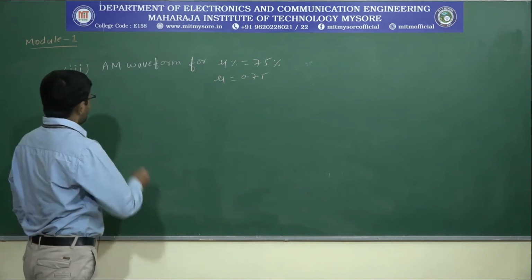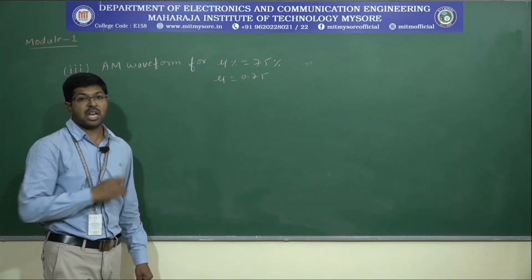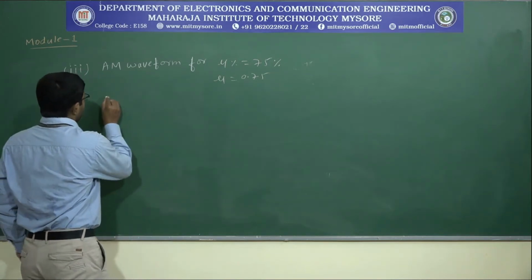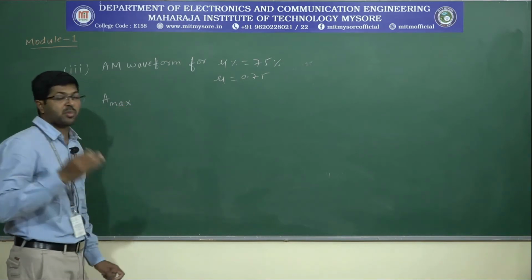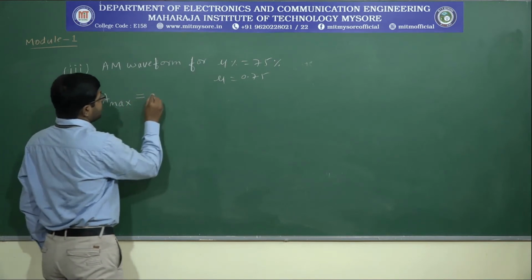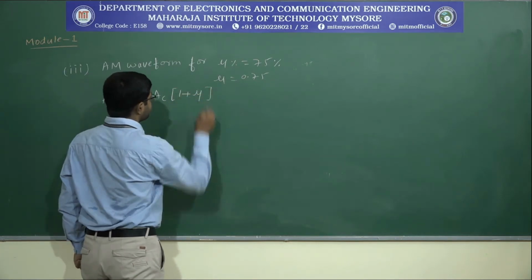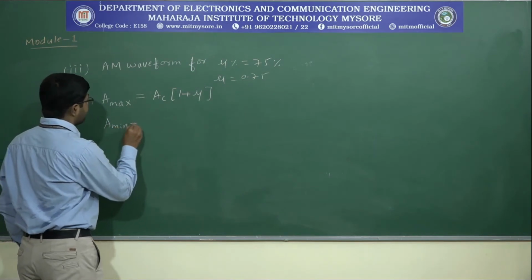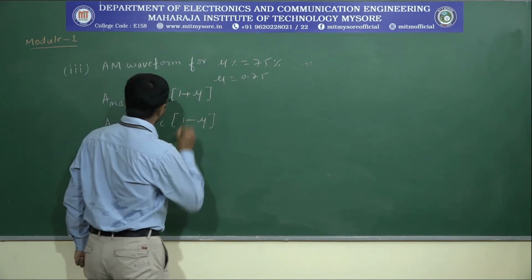For this, we basically need to know the maximum and minimum of the AM wave. Using mu and AC we can calculate that. From the equations we studied in the previous sessions, we can derive Amax as AC into 1 plus mu, and the minimum amplitude of the AM wave as AC into 1 minus mu.